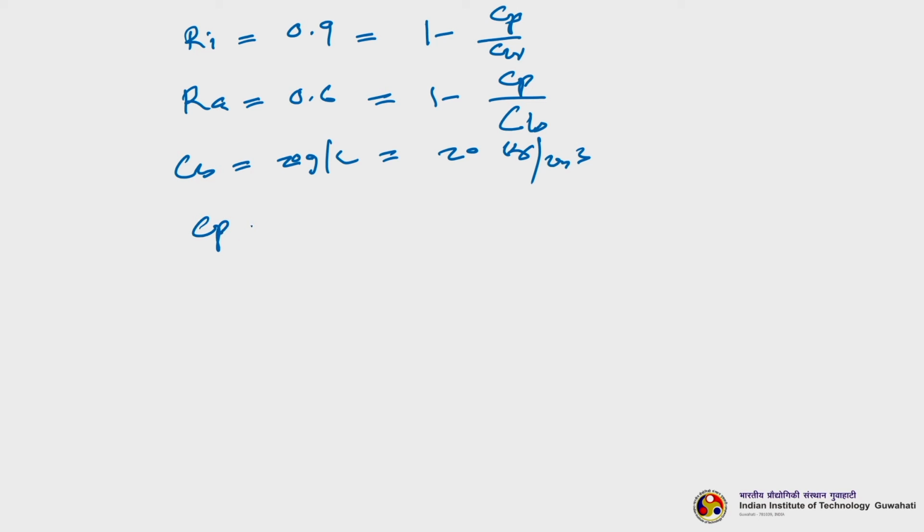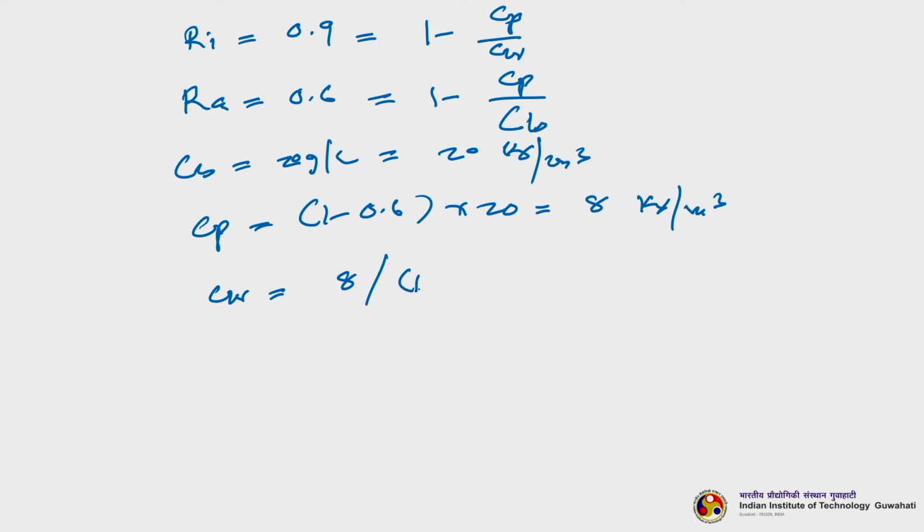So, we can calculate Cp: Cp is 1 minus 0.6, into 20. So, that is 8 kg per meter cube, and we can calculate Cw, which is 8 divided by 1 minus 0.9, which is 80 kg per meter cube.